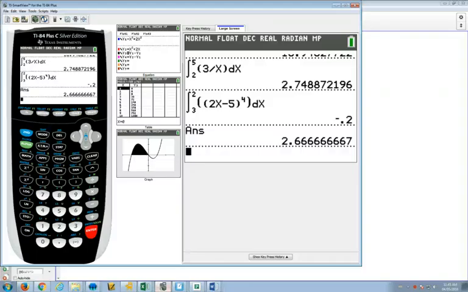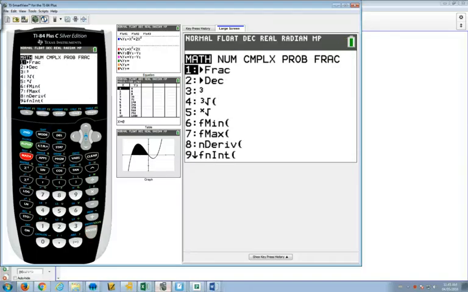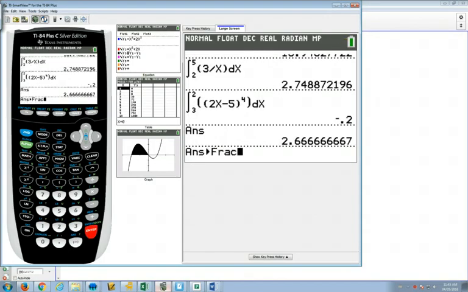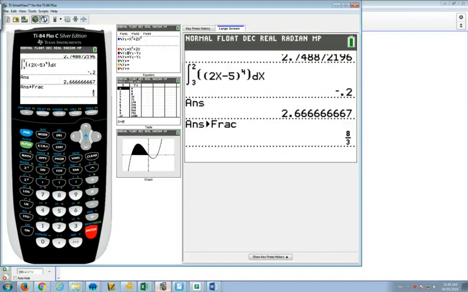Something that might be nice to see is hit your math button. Are you aware of the fraction thing on your math button? That'll just change that answer to a fraction, and we can see, yes, it is exactly 8/3 like we found before.